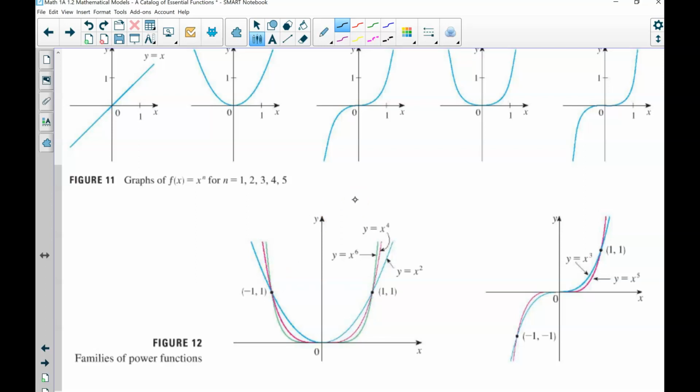Notice that from figure 12, you can see that as n increases, the graph of y equals x to the n becomes flatter near 0 and steeper when the absolute value of x is greater than or equal to 1. So if x is small, then x squared is smaller, x cubed is even smaller, x to the fourth is smaller still, and so on.